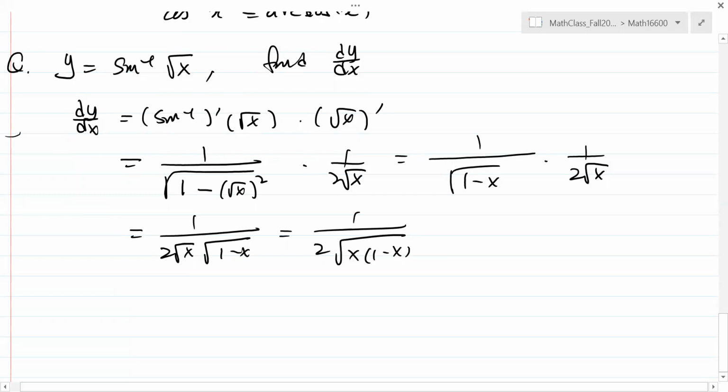And we look at another example. This is from the book. We are given f of x is the inverse sine of 1 minus x squared.